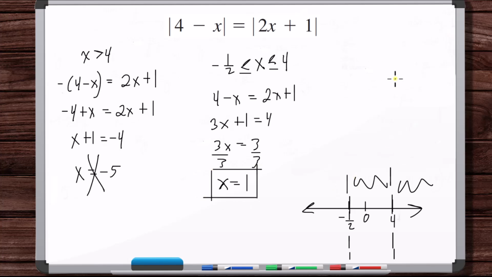Now we need to do x is less than minus 1/2. What's going to happen here is that both of them are negative, I believe. Is that right? No. This one is going to be positive, and this one's going to be negative. But the symmetry here just means that we're going to be solving this same equation. If we write this out, this is going to be positive, so 4 minus x, and this one's going to be negative.